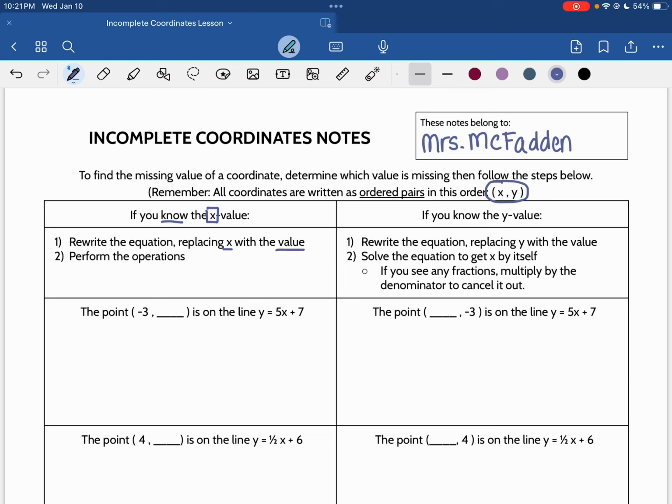So for example, the first one below this, I know the x value because the -3 is in the x spot. So what we're going to do is rewrite the equation, but instead of x, we're going to plug in -3.